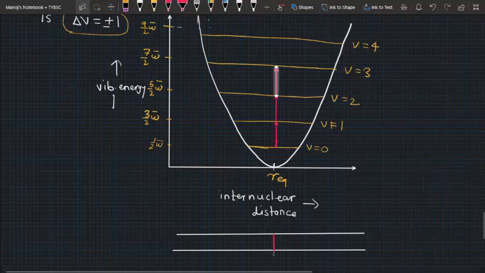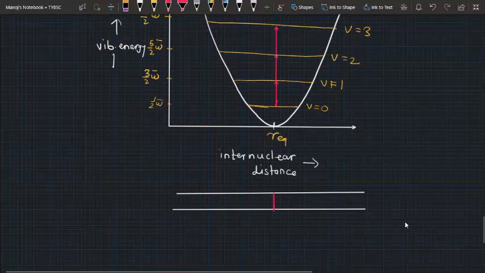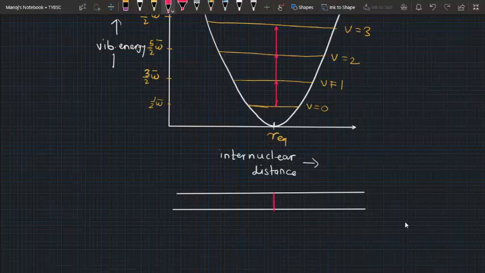Therefore I am getting the same line, and this line is called the fundamental vibrational frequency. This is omega bar, in centimeter inverse. This dark line is the fundamental vibrational frequency, or fundamental oscillation frequency, of our diatomic molecule.